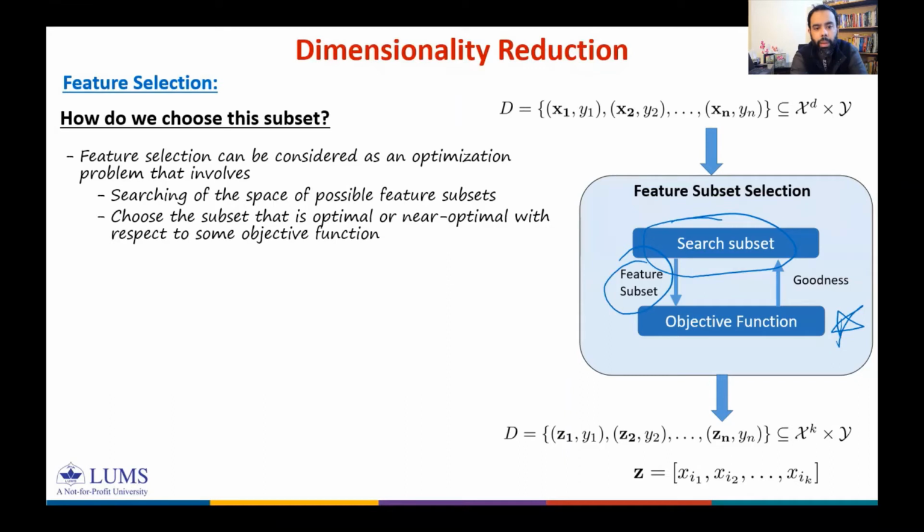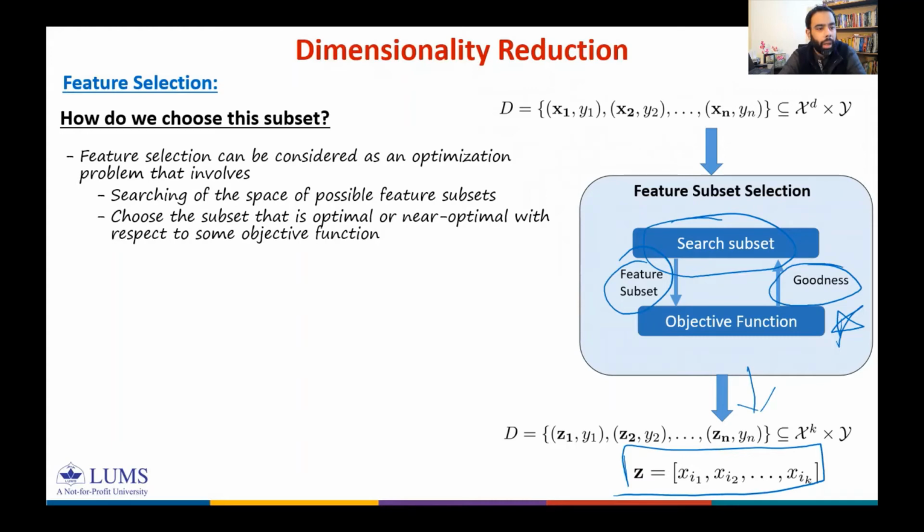If we evaluate the objective function over the feature subset and we are satisfied with the performance, we can pass on this feature subset and construct this Z, right? And if we're not satisfied, we keep on iterating over possible subsets, right? And we'll talk about how we can efficiently carry out this. For now, we know that this would be computationally exhaustive.